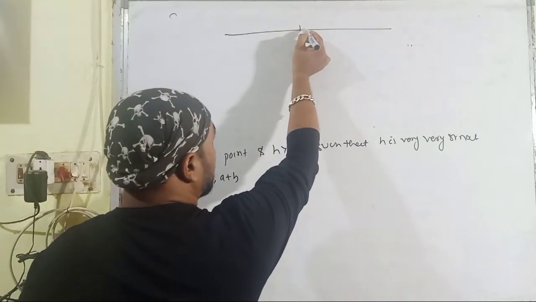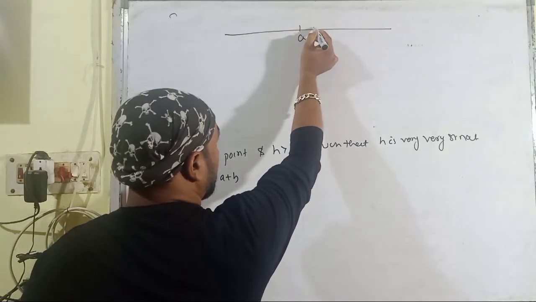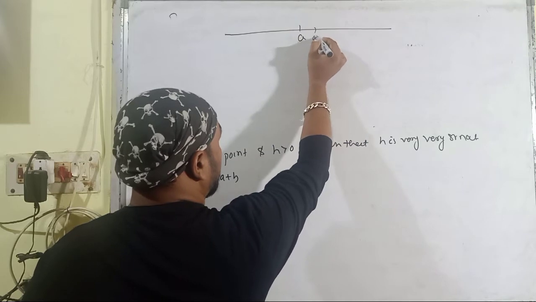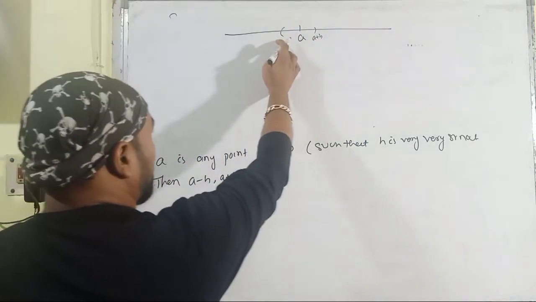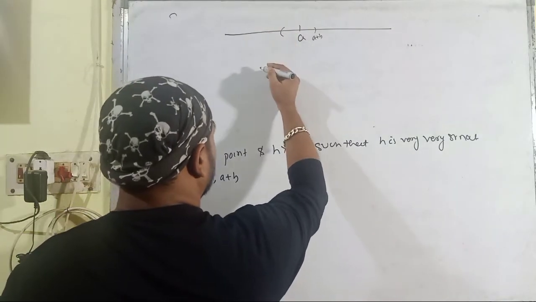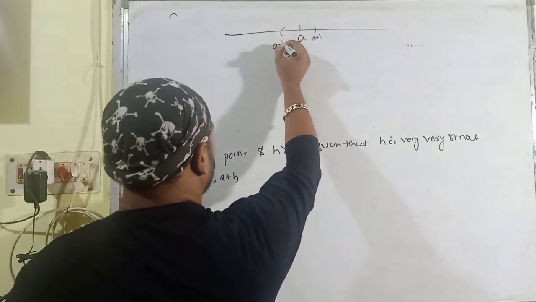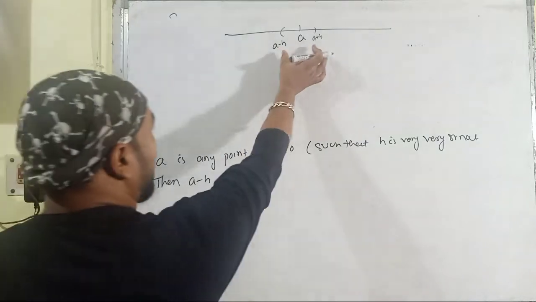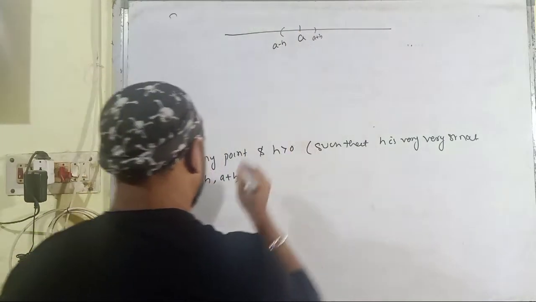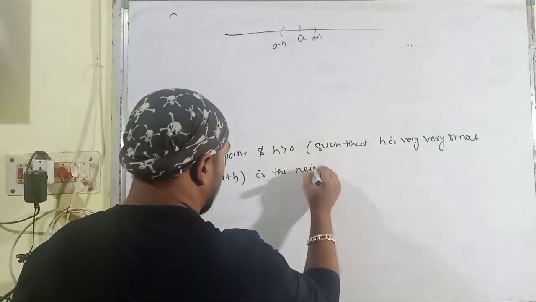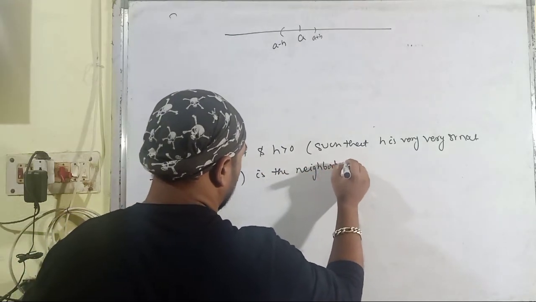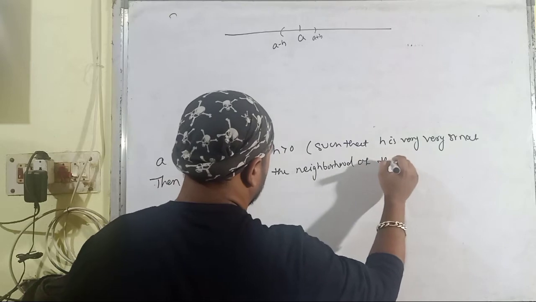We cover a distance of h units towards the right hand side, so this point will be a plus h. Then if we cover a distance of h units towards the left hand side, this point will be a minus h. This interval a minus h, a plus h is called the neighborhood of the point a.